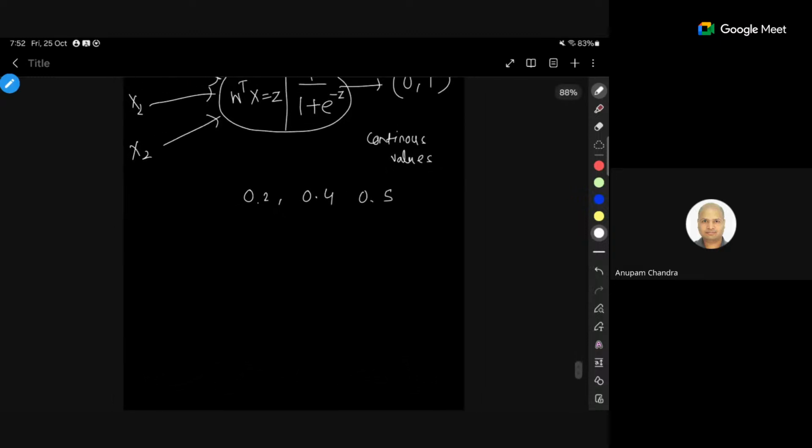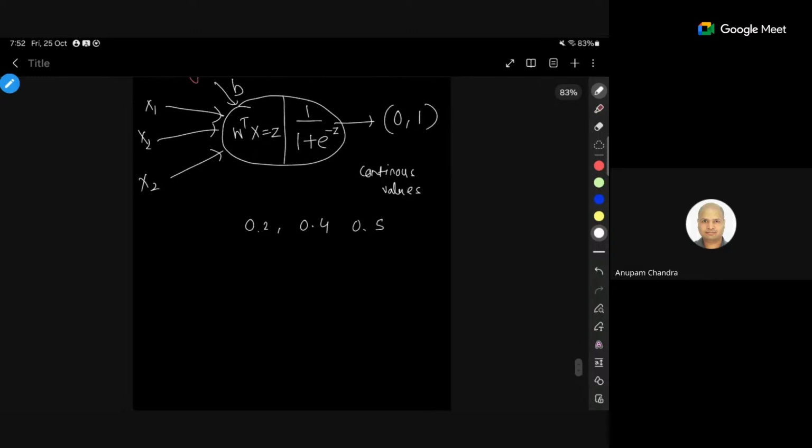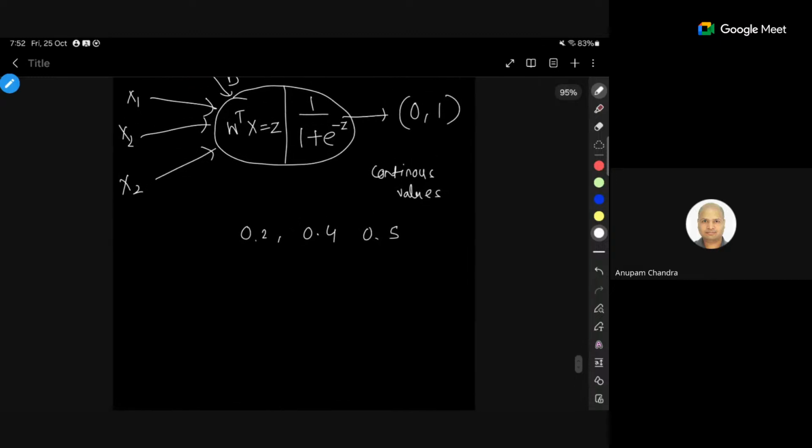The good thing about it is that previously we had the perceptron, which was very hard coded. If the value crosses a certain threshold, suddenly you have one output, and if it is less than that threshold, you have zero output. But in reality it's not like that.